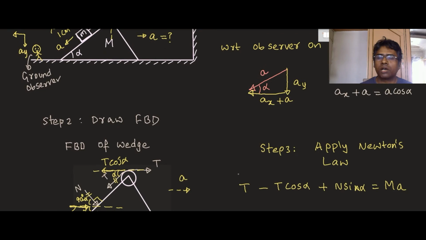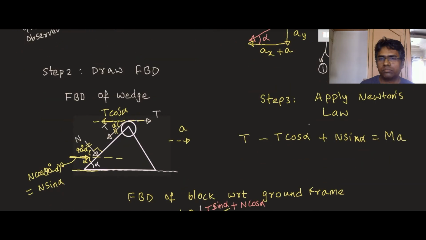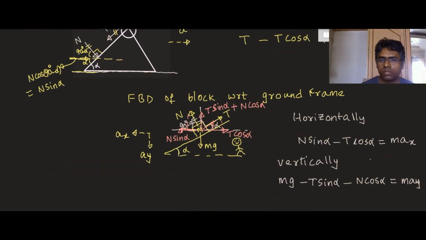I would actually club these constraint equations as one. So let's say I have equation 1 here, and this is another equation 2, and this is the third equation, and this is the fourth equation.